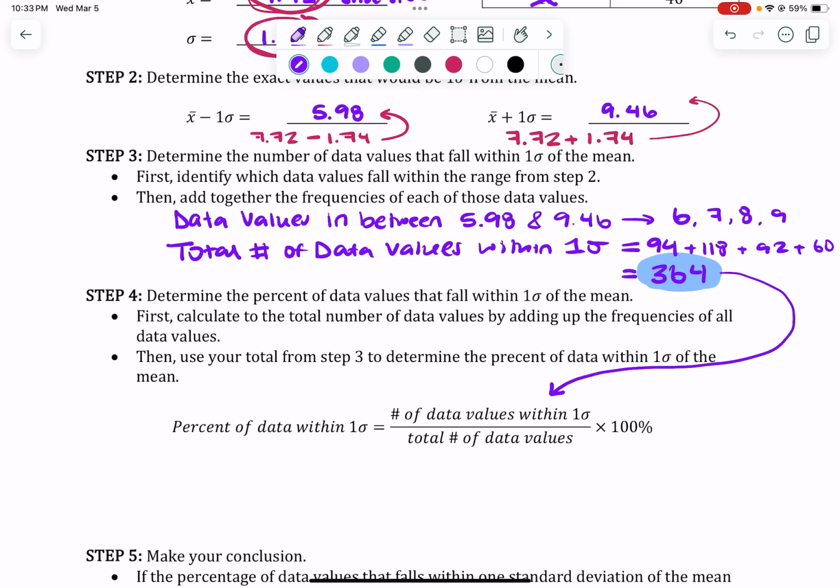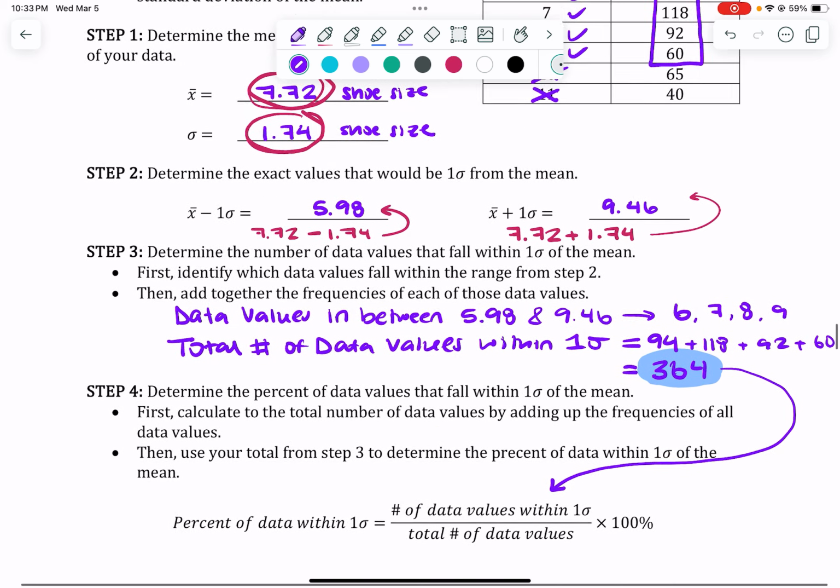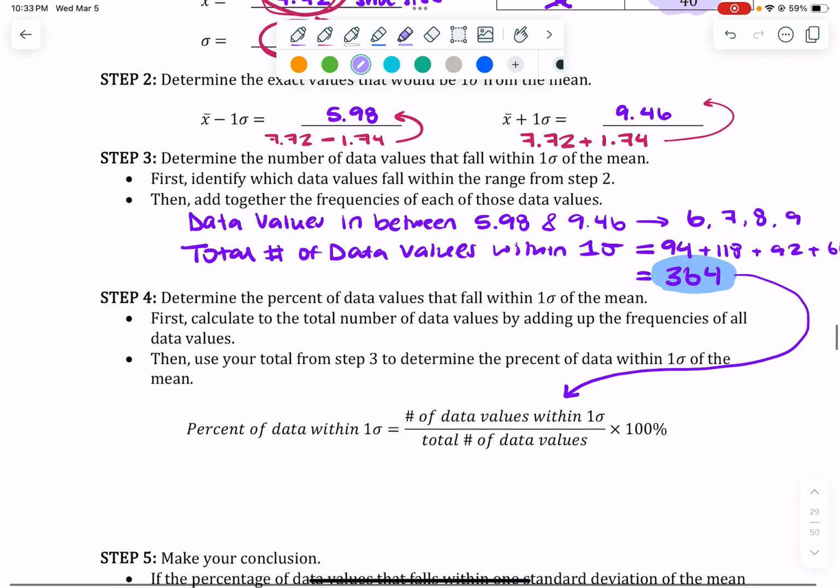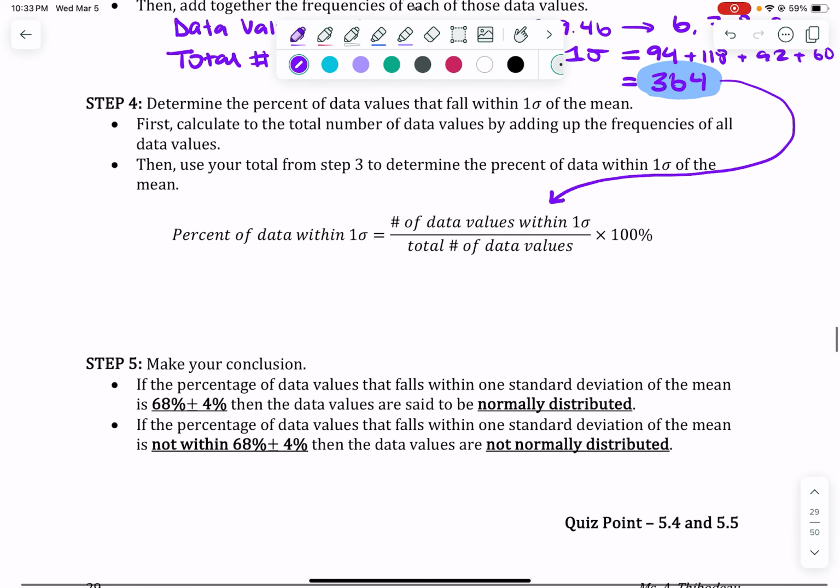So my total number of data values, not just within the range, but grand total. And that's found by adding every single frequency value together. So not just those 4 within range, but all of them. When you add those frequencies together, we should get a number that's 518.